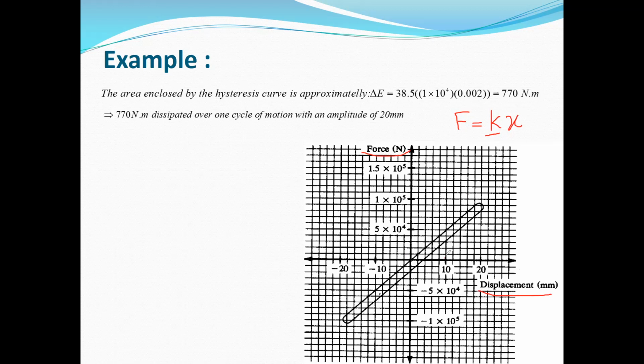If you find the slope of this curve, which is F divided by X, for this point, for example, F is 5 times 10 to the power of 4 divided by 10 millimeter, or 0.01. Or you can use, for example, this point, where F is approximately 1 times 10 to the power of 5 and the displacement X is 20. So you can use this data to find K.